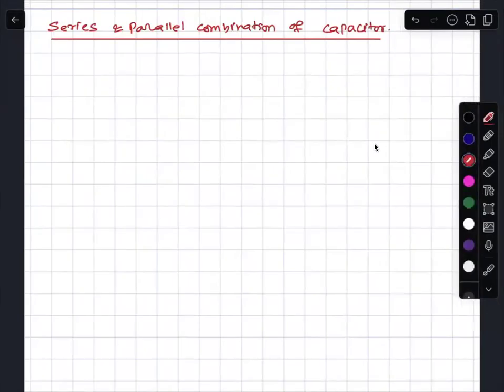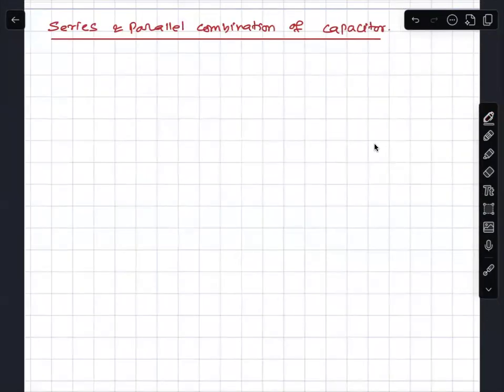First, try to understand how you will charge a capacitor. Now you have a capacitor like this, and you will have a battery cell connection like this with a switch.